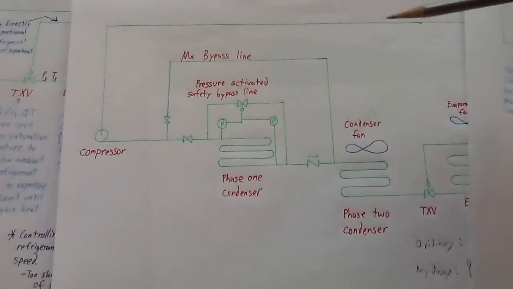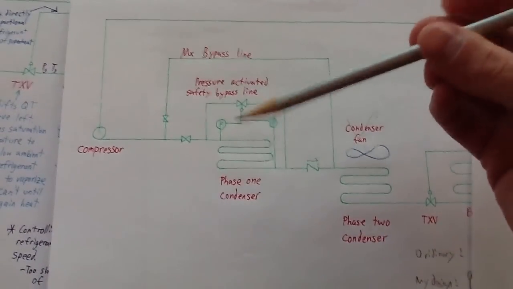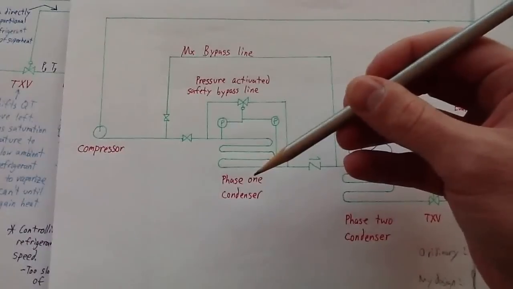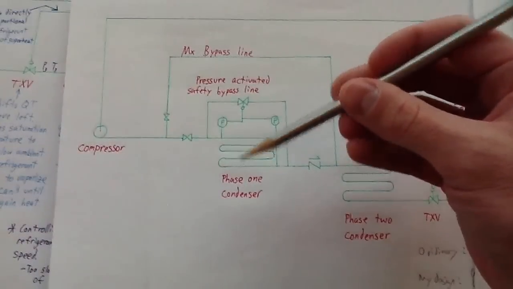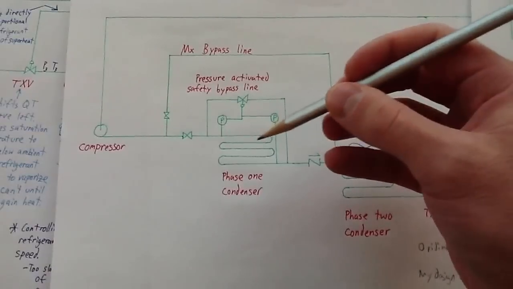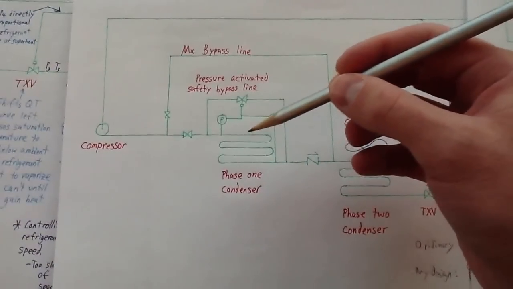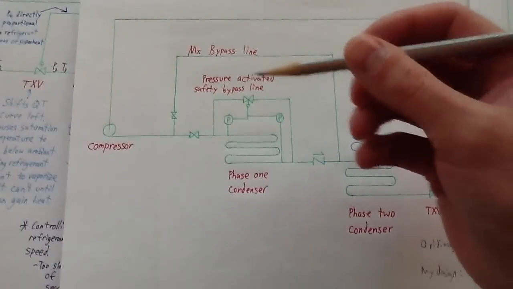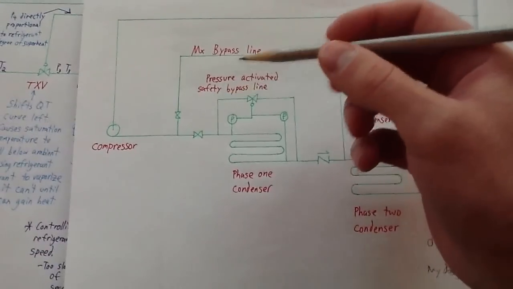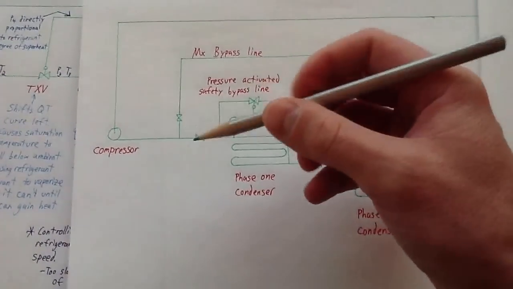One of the things I didn't talk about on this design, with this first stage of the condenser, is that you have potable water exchanging heat with the refrigerant. There are times when you might have to do maintenance on that system, so that's what this is for.